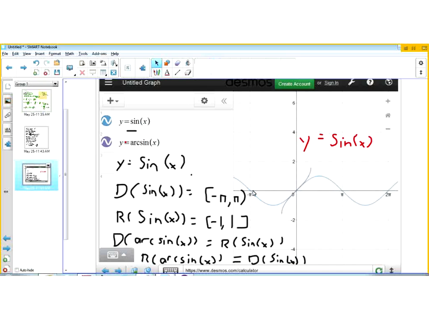So say -pi, 0 is a point on the graph. Negative pi, 0. You see that right there? That's on the graph. We would expect 0, pi.